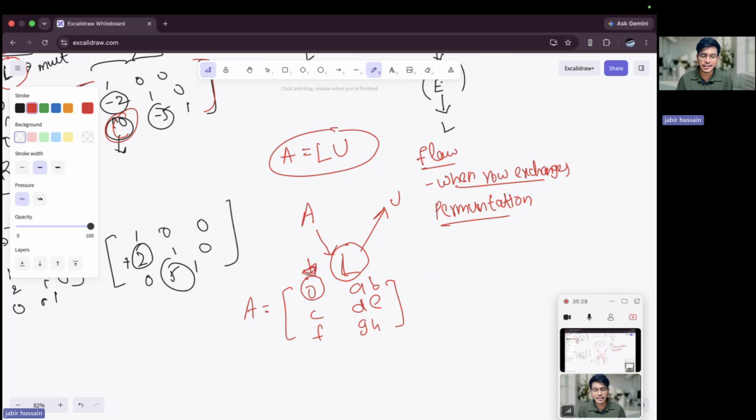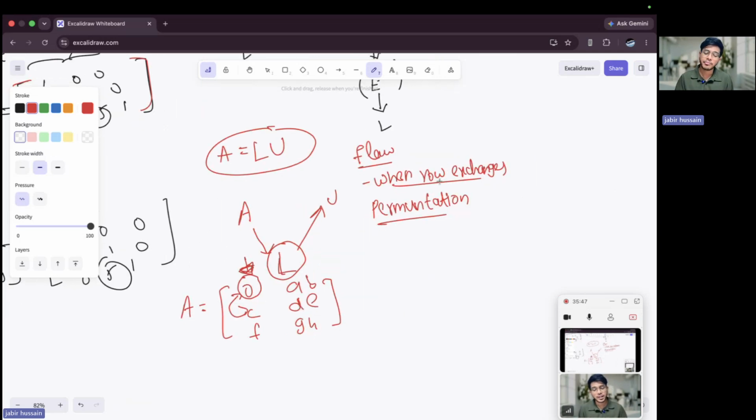If you get a zero pivot, then it tells me to interchange rows, take any row and make it the first row, because we don't want any pivot to be 0. So to do that, we take something called a permutation matrix. Let's say you want to swap row 1 with row 2.